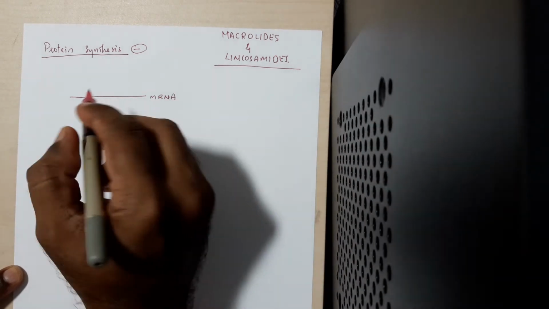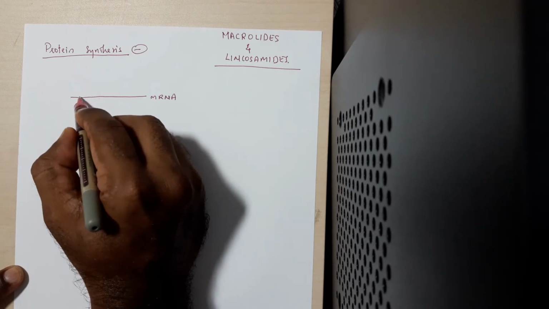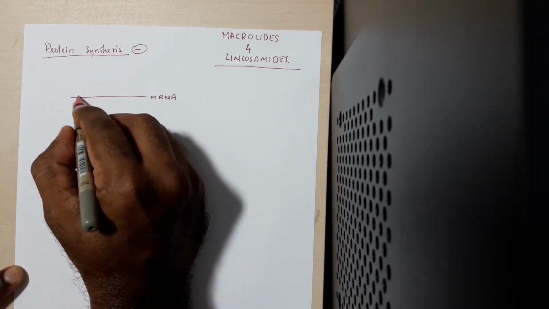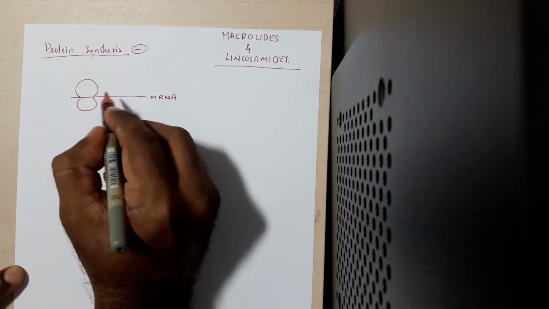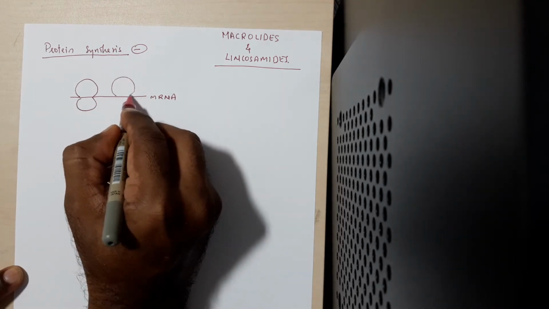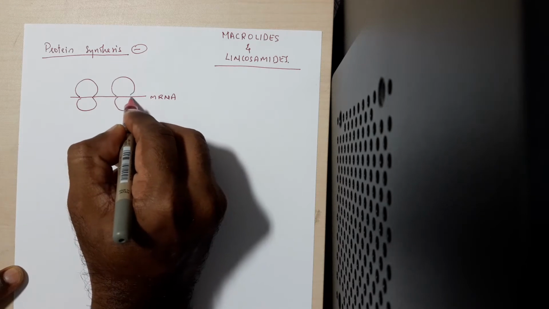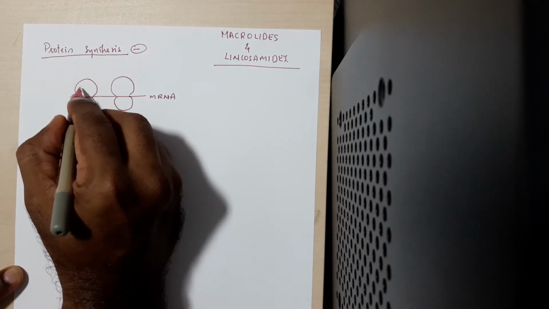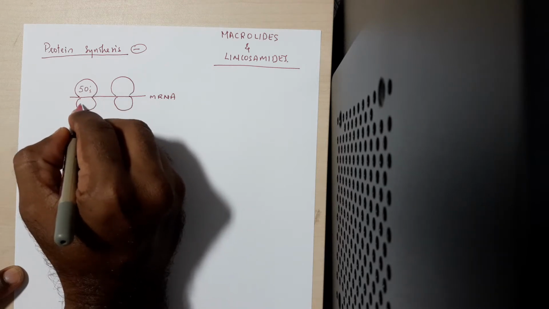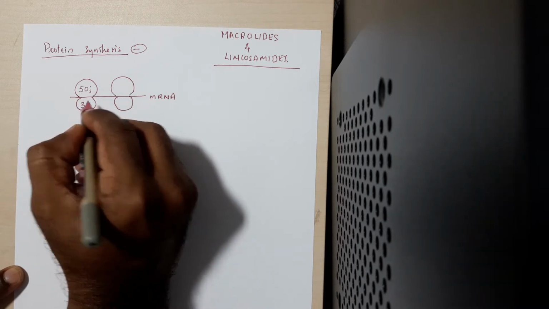We know ribosomes have two subunits, the large subunit and the small subunit. In bacteria this is the 50S subunit and this is the 30S subunit.